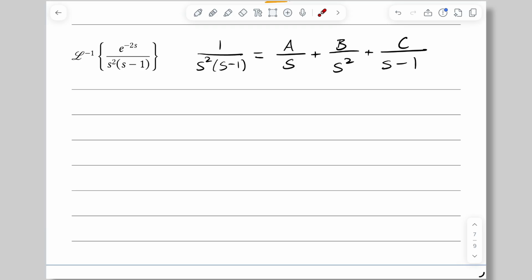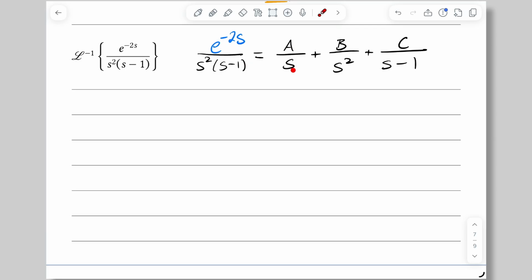Let's think about what happens with partial fraction decomposition. The idea is I have these three algebraic fractions, and when I add them together, getting common denominators and everything, I end up with the fraction on the left. A major misunderstanding that I see sometimes is that people will put the e to the negative 2s in the numerator on the left. What's wrong with this?